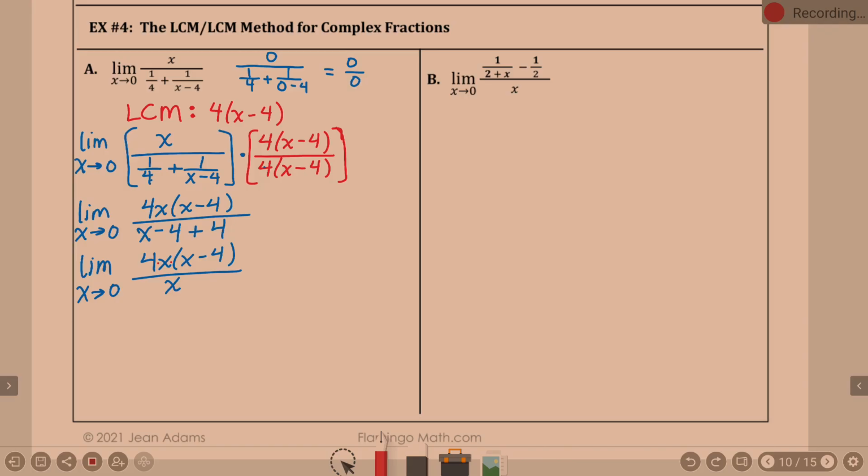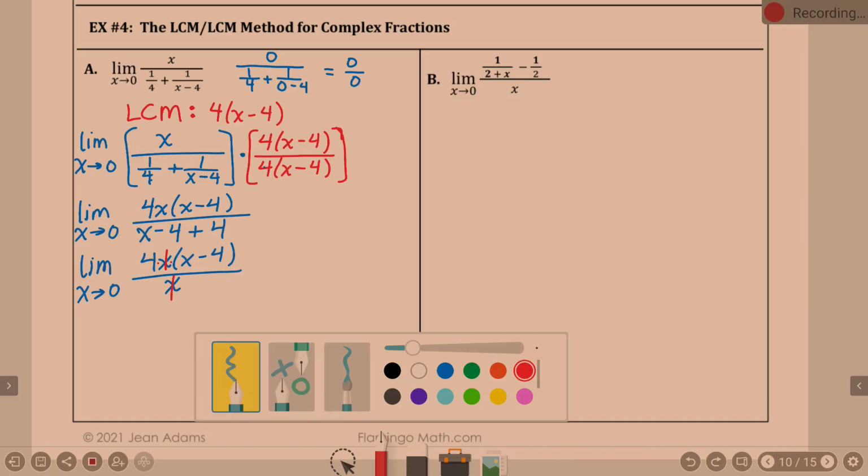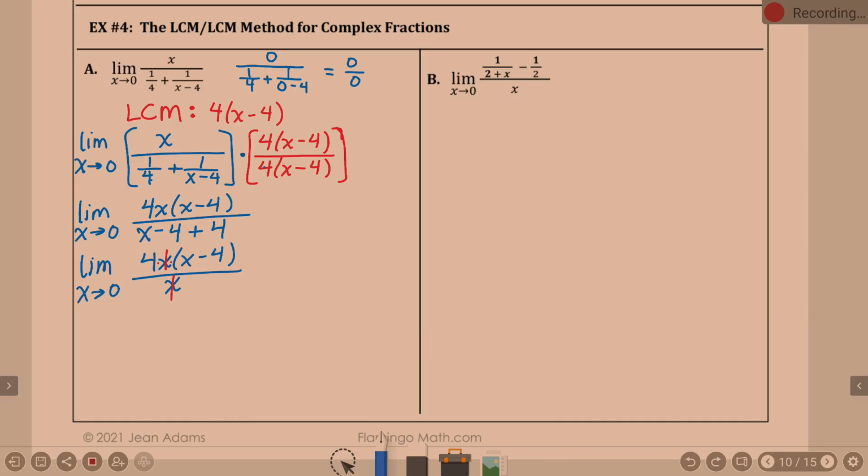One of the factors is x. X can cancel with x. It was just like we're canceling the factor of x is what we're doing. So now we're left where we don't have a fraction anymore. The limit as x approaches 0 of 4 times x minus 4.